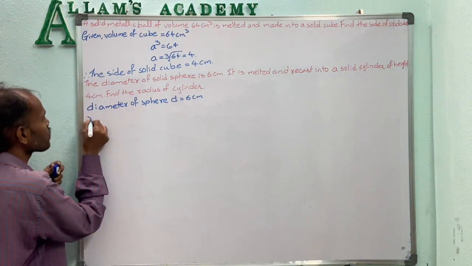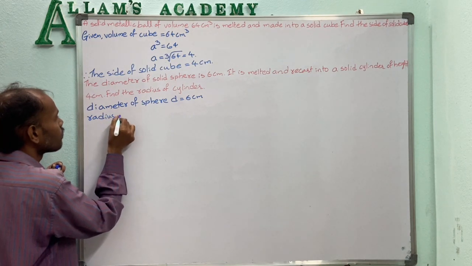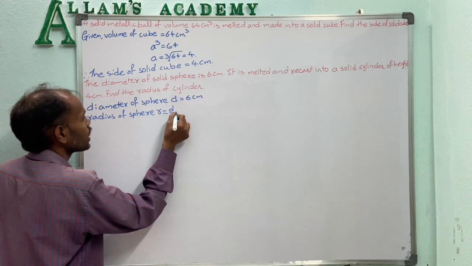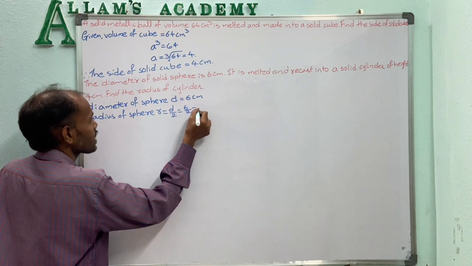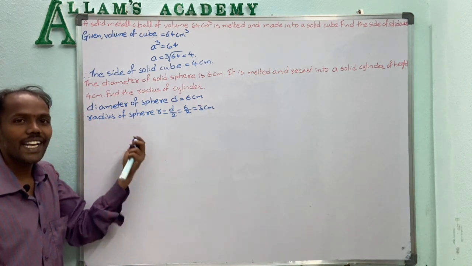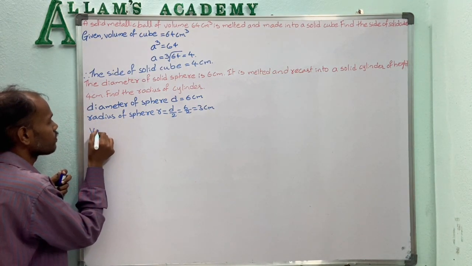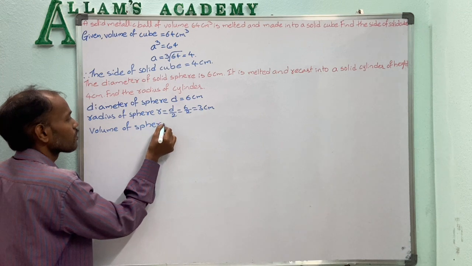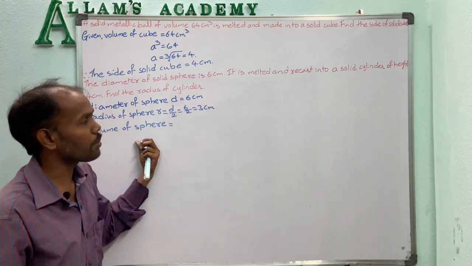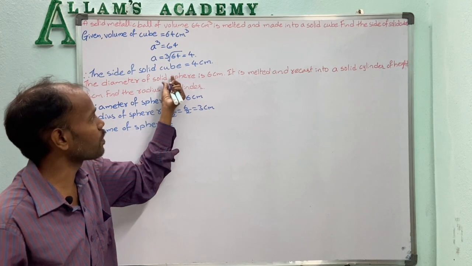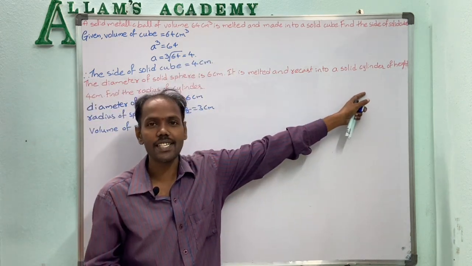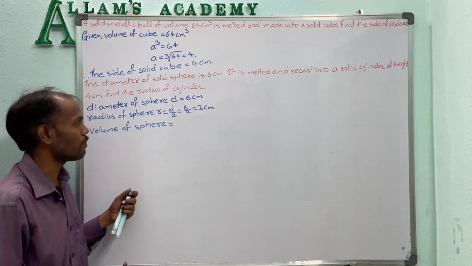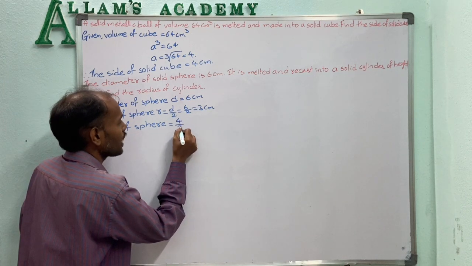So the radius of the sphere, r, is equal to d by 2, equal to 6 by 2, equal to 3 centimeters. Now finding the volume of the sphere. Why are we finding the volume of the sphere? Because the solid sphere is melted and recast into a cylinder, that means both volumes are equal. That is the purpose. The volume is 4 by 3 pi r cube.